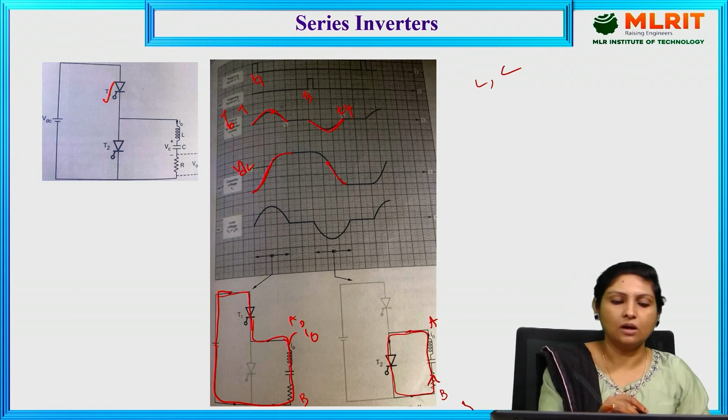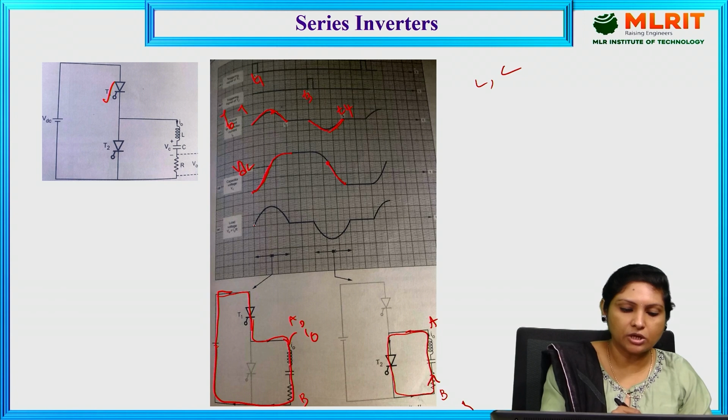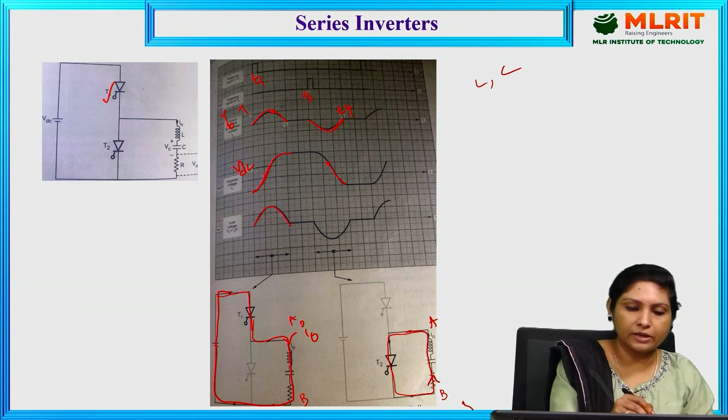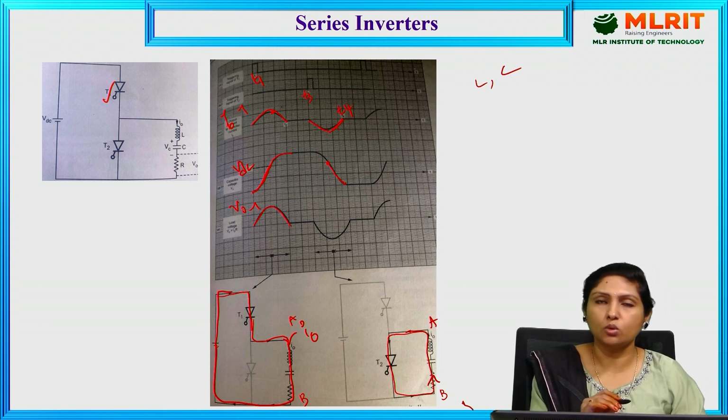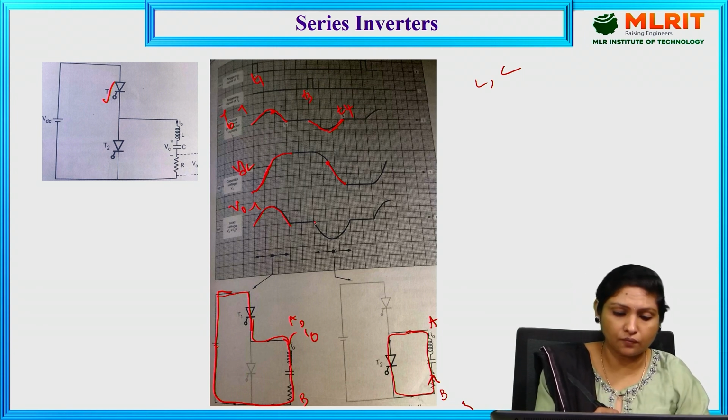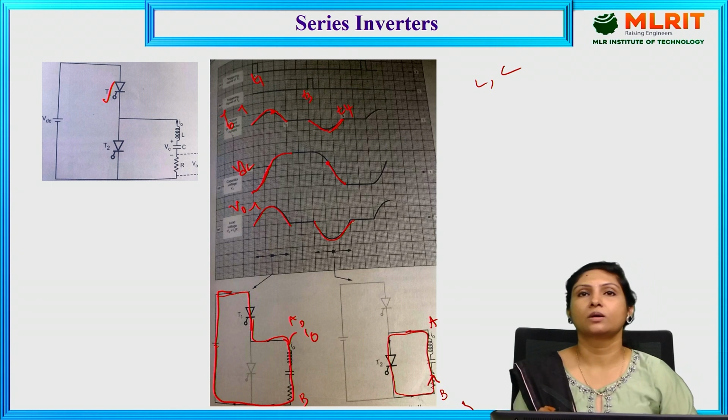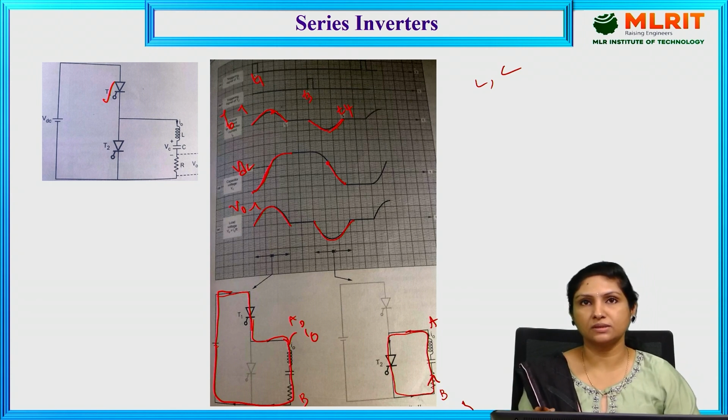And this is the voltage across the load, and this is the current through the load. This is nothing but the output voltage, and the output voltage will be just similar to the output current, because we are making use of a resistive load.